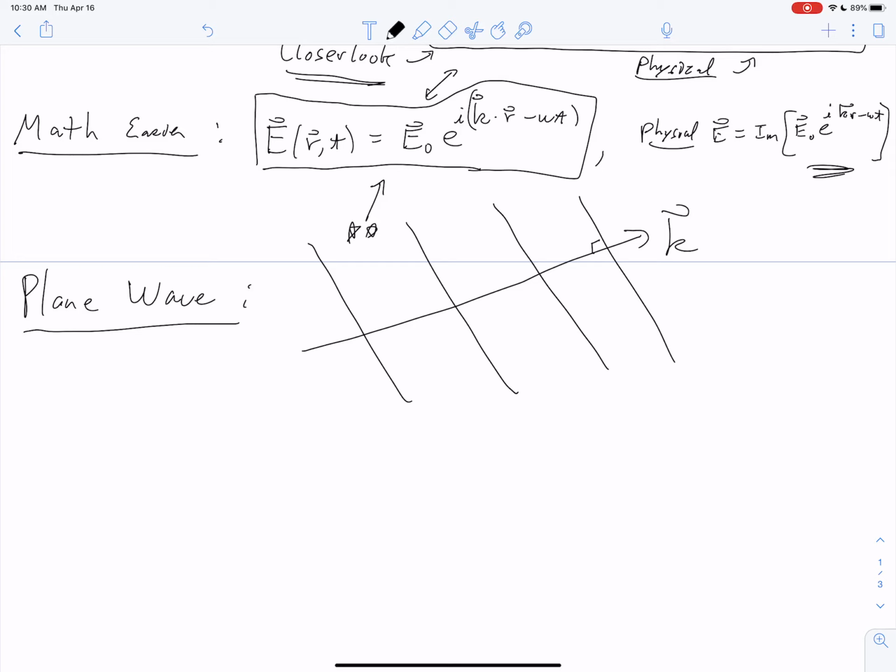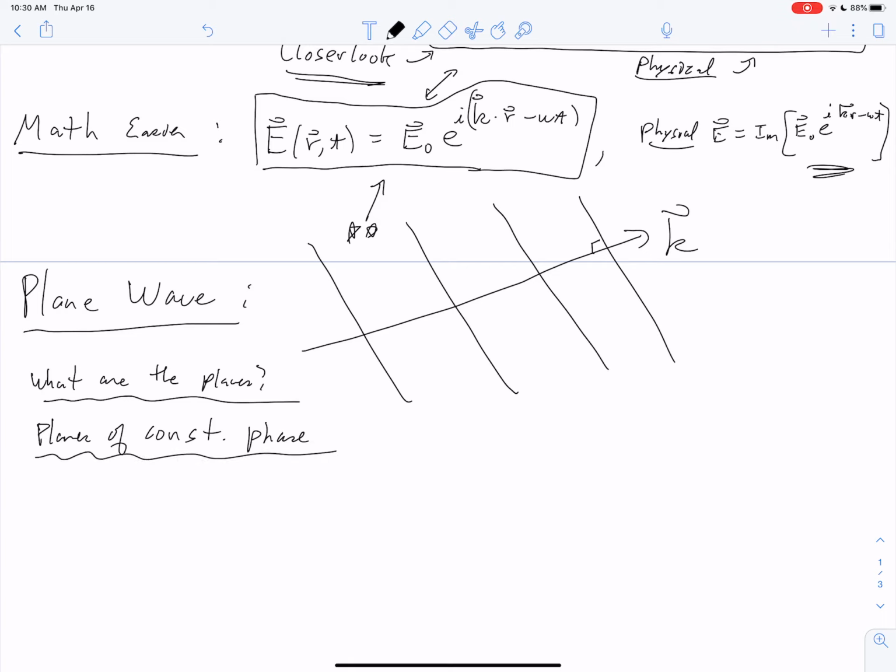And what are these planes? I remember I was confused by this as an undergrad, because they call it a plane wave, and you're wondering, what are the planes? What is the plane of a plane wave? The point is that they are planes of constant phase. The planes are geometrically planes of constant phase.